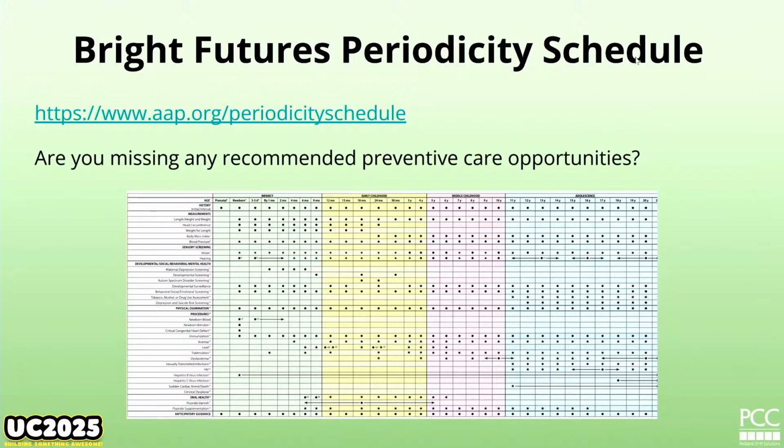So it's good to think about, are you missing any recommended preventative care opportunities? Like dental varnish is a common example. That's been recommended for many years. Some practices don't do it, or maybe don't understand exactly when it's recommended. Depression screenings, other screenings, developmental screenings, and so forth. So definitely good to refer to this just to identify the opportunities that maybe you might be missing.